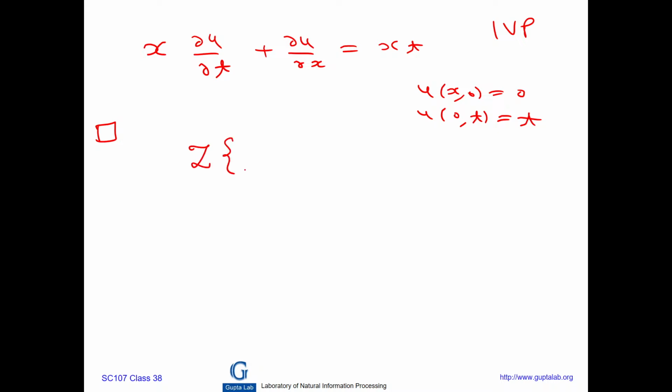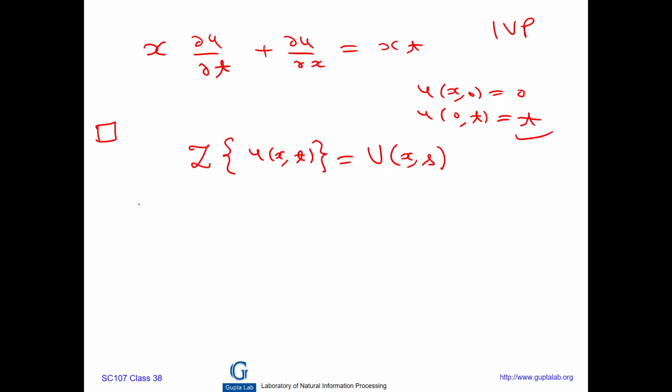If we keep this notation that Laplace transformation of u of x,t is capital U of x,s, which is quite obvious, right? If this is the notation, then I can apply Laplace transformation on both the things, and I will use this boundary condition here, right?